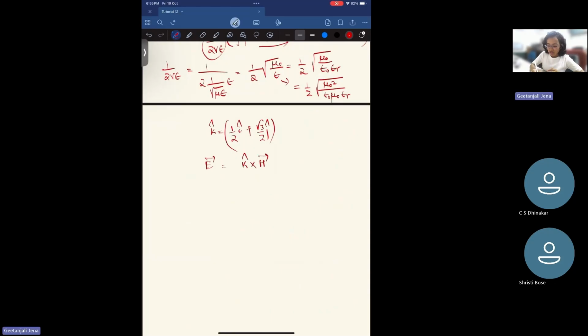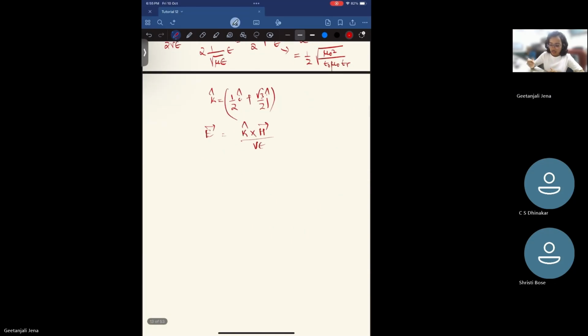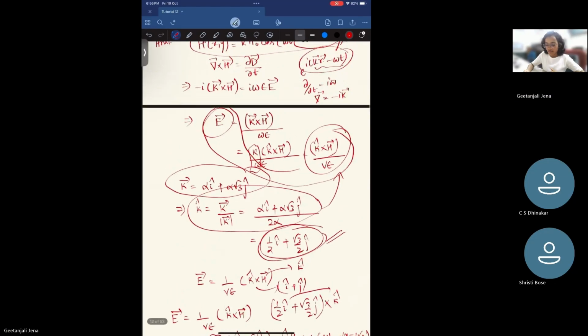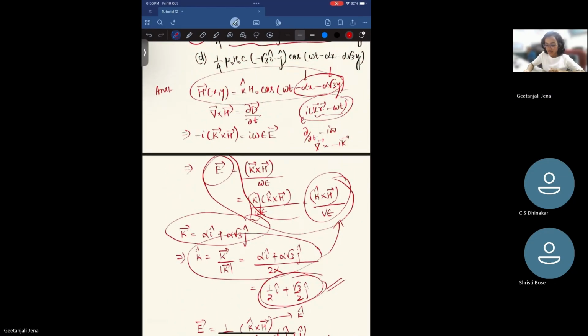K cross H by V epsilon. So we have 1 by V epsilon, and I have taken out the half, 1 by 2, I k plus root 3 j k cross H. The whole expression is... you missed a minus sign. So minus sign.